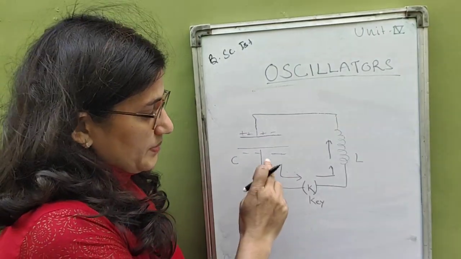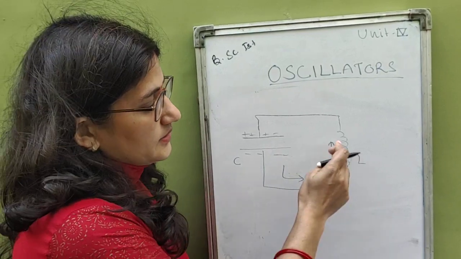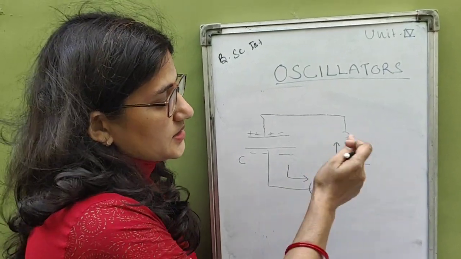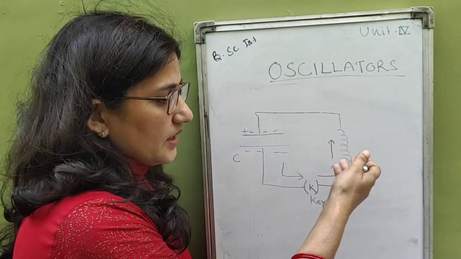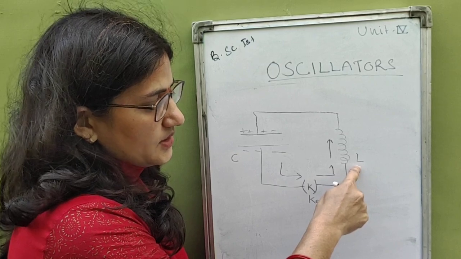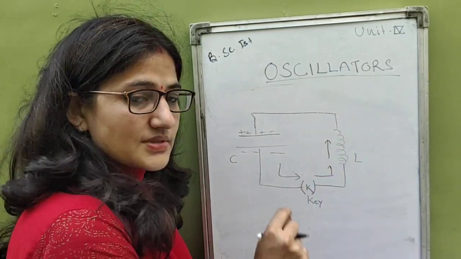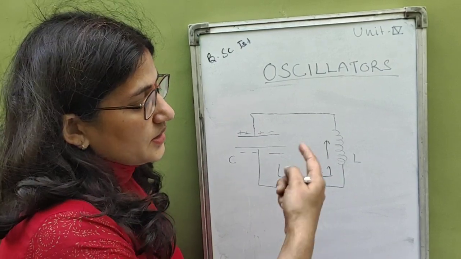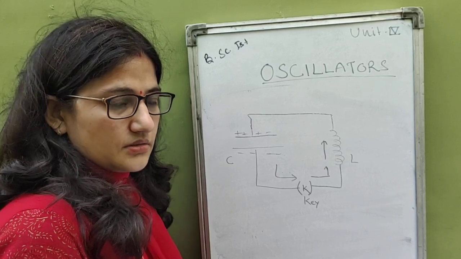So once the capacitor starts discharging, current flows through the circuit, and the current set up in the circuit changes the magnetic field. Here we can also name the effect: self-inductance. On the basis of the phenomenon of self-inductance, it changes the current or the magnetic field energy in the inductor.